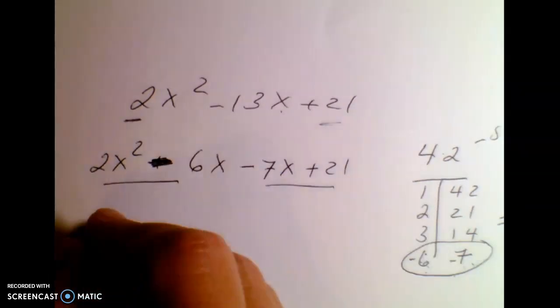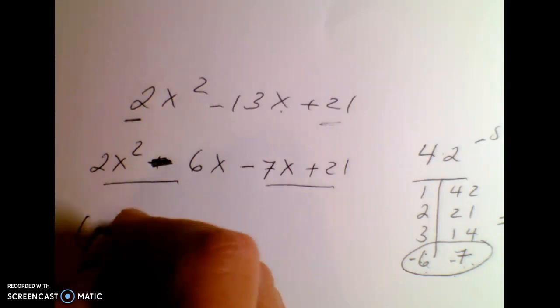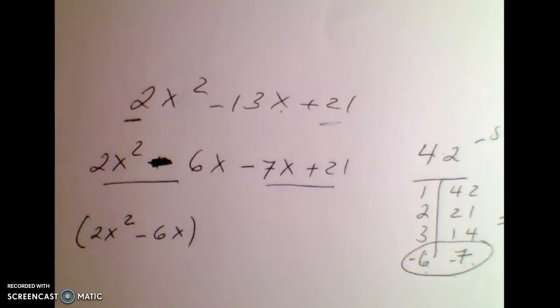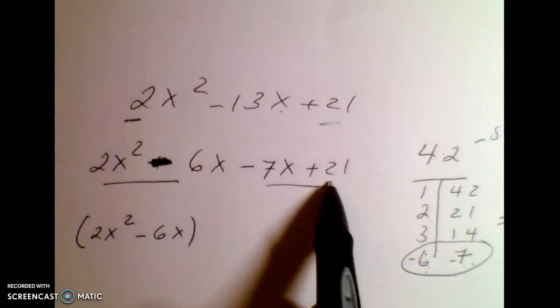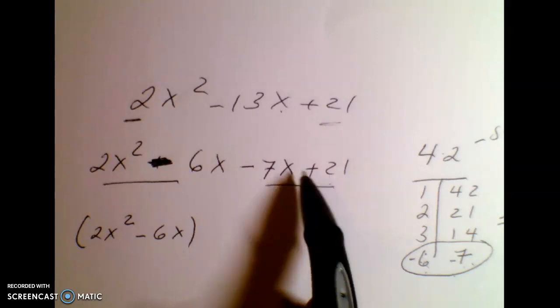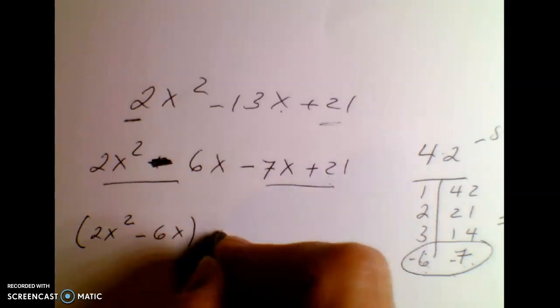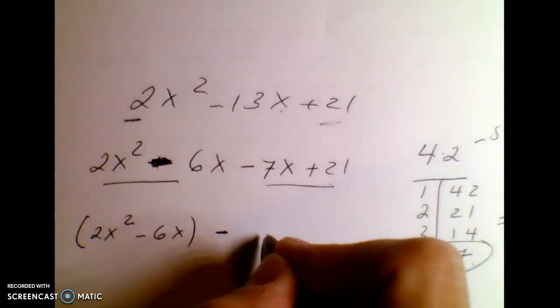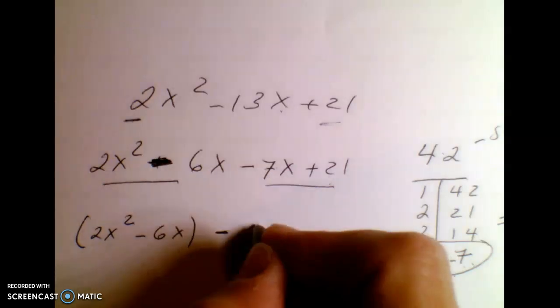I'm going to write this as parentheses 2x squared minus 6x. And here we have a problem. This is a negative 7 and this is a positive 21, so what can I do? I'm not really sure what I'm going to do with this, so what if I do this? I'm going to put the minus sign down here. So I'm going to put the minus sign, and what do I have to do inside here?